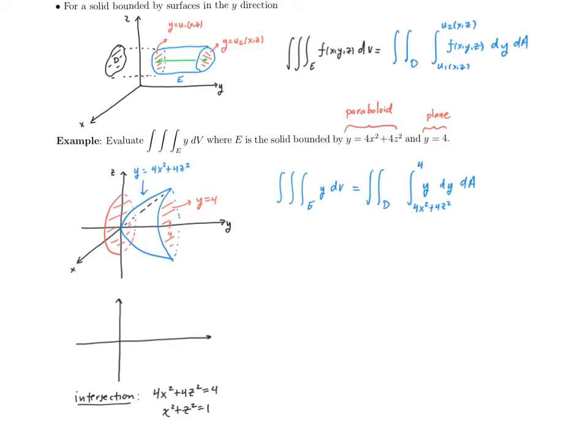With this in mind, we can see our points of intersection on the positive x-axis and the positive z-axis will be 1, and our region D sitting in the xz plane is going to be a disk bounded on the outside by a circle of radius 1.